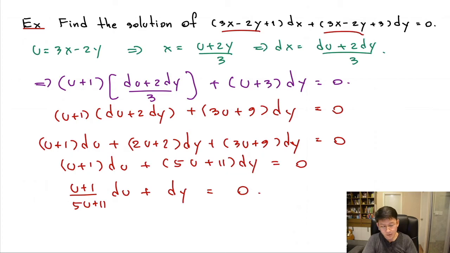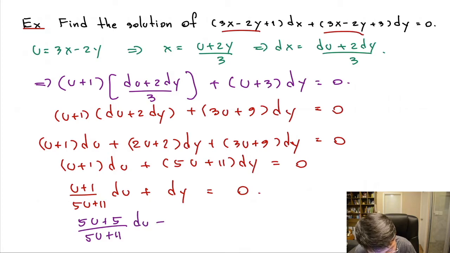Okay. So what is next? I'll just look at each of them individually. Oh, well, before doing that, let me multiply the whole equation by 5. So I get 5u plus 5 divided by 5u plus 11 du plus 5 dy equals 0.